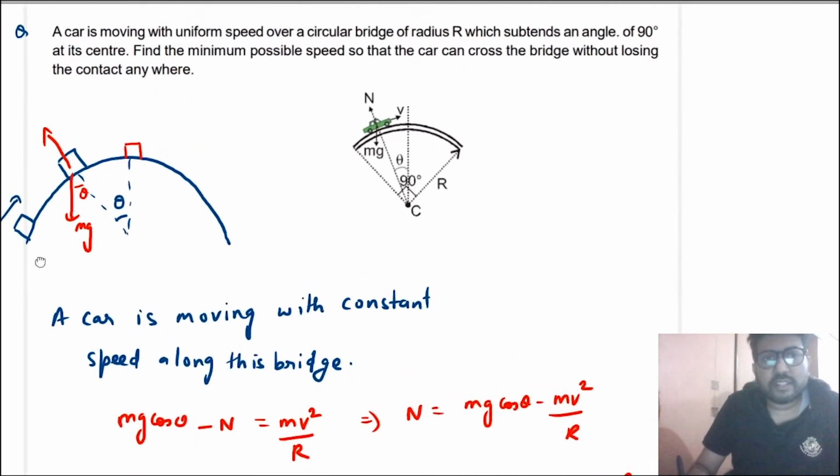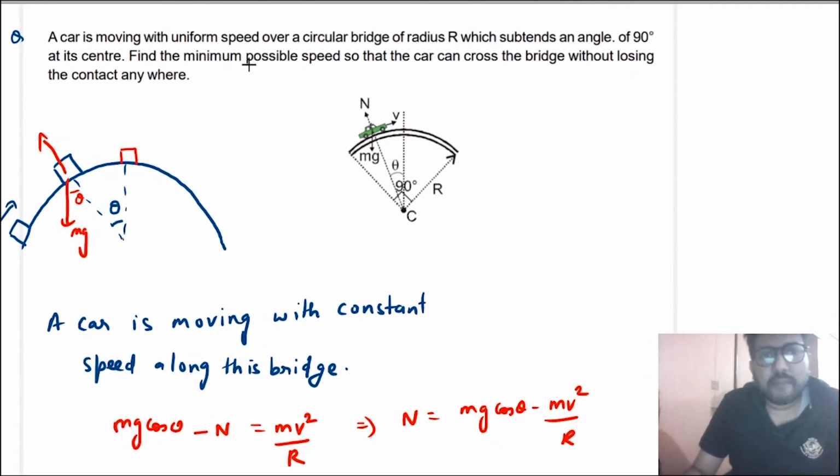Now in this question they have asked you to find the minimum possible speed so that the car does not lose contact.